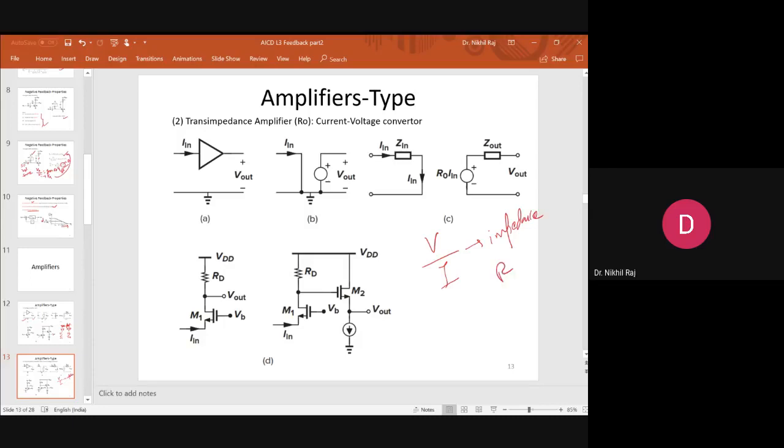Impedance means resistance-like. I say impedance here because when we deal with amplifiers, we are not restricted to DC analysis, we are also dealing with AC, so instead of resistance I call it impedance, because a frequency component will be introduced. This type of amplifier is called a trans impedance amplifier because a transfer of impedance is happening. Trans impedance amplifier means the output is V out and the input is in current form.